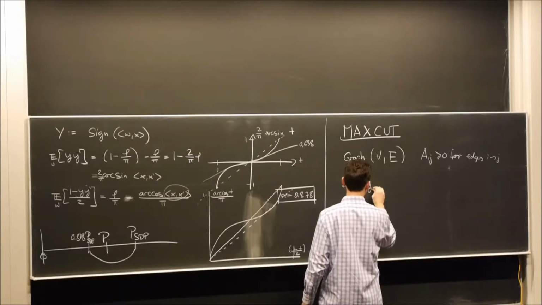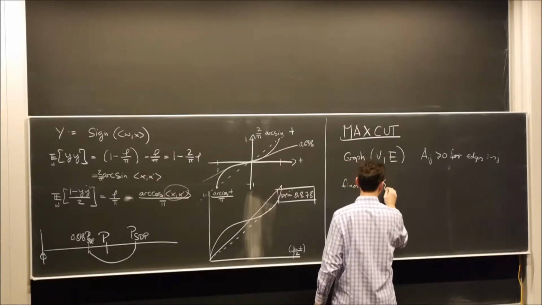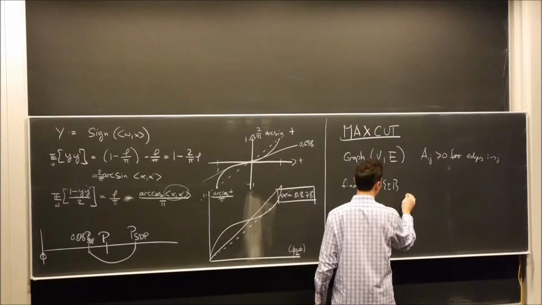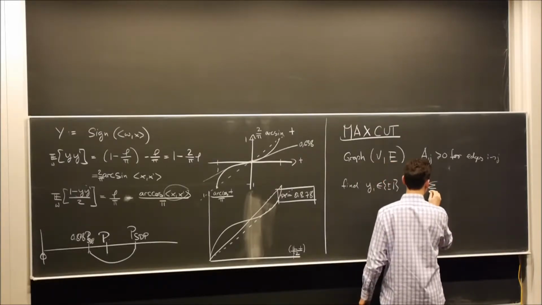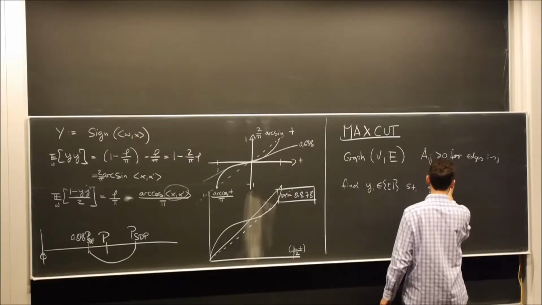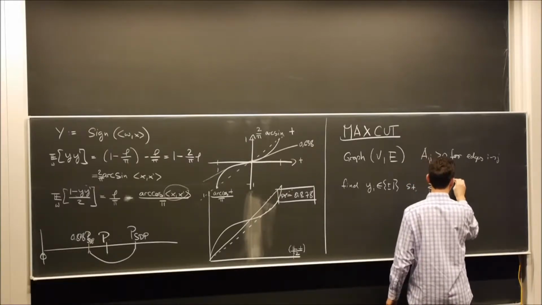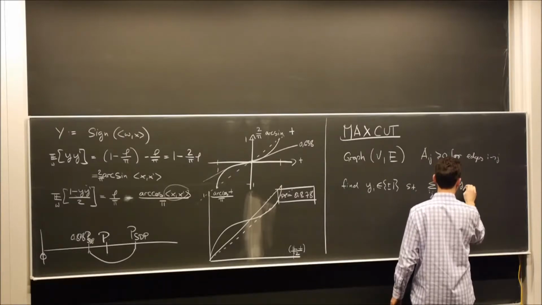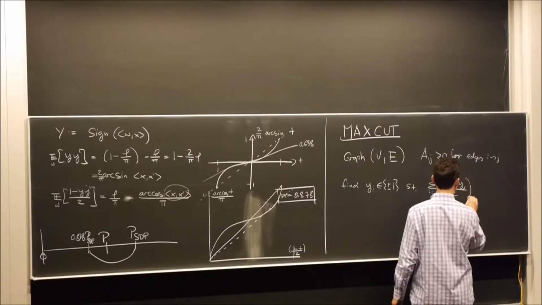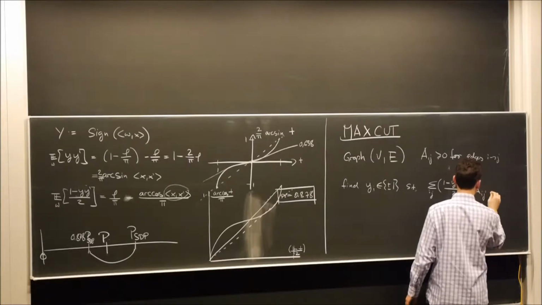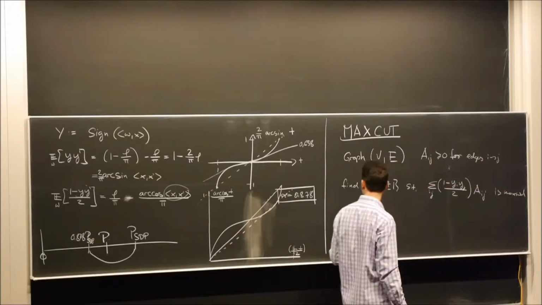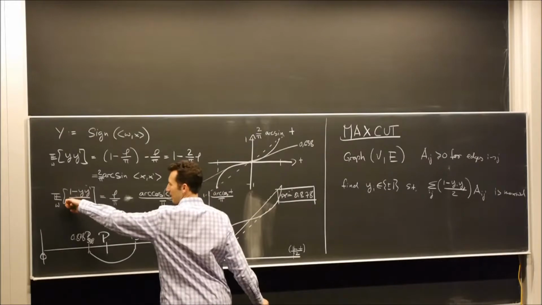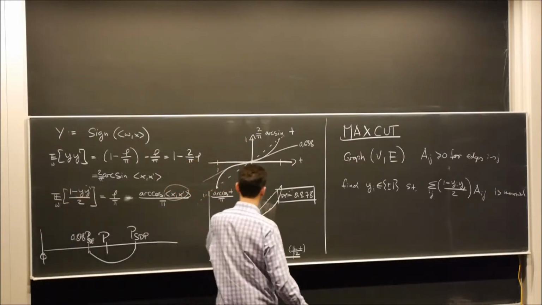Basically, I'm interested in finding some variables yi in plus minus 1 such that the sum over i and j of (1 minus yi yj) over 2 times Aij is maximized. That's the reason why we have this curve here.